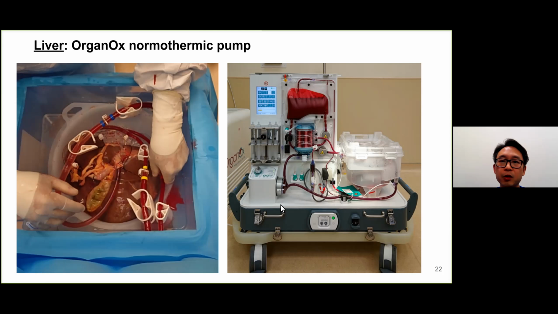And there are various monitors that closely monitor and maintain the pressure of the blood that's going into the organ, and also monitor the various electrolytes in the blood. The liver that's placed on this machine can be left on the machine for up to 24 hours. The use of this machine has allowed us to use organs that otherwise would not have been able to be used for transplant in normal cases.